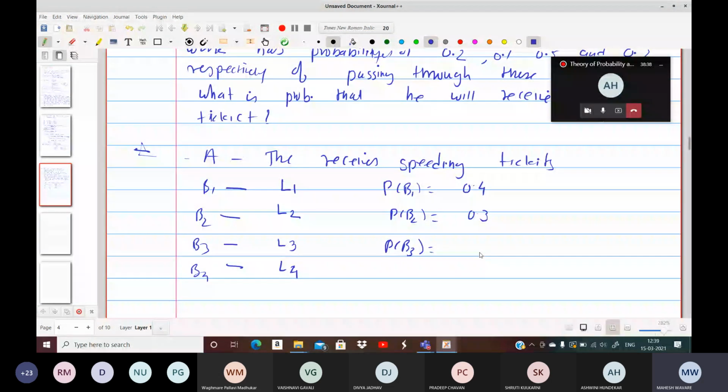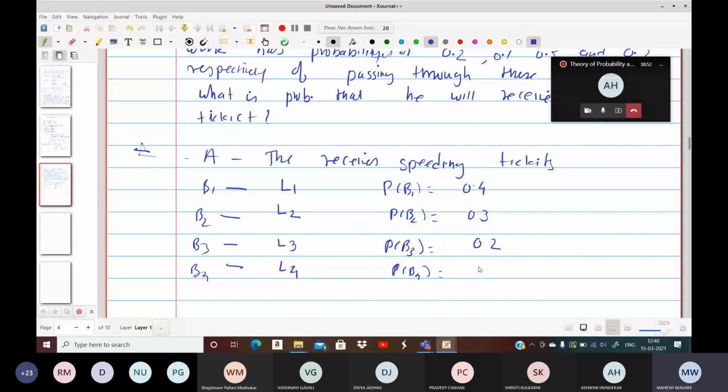Just divide by 100. The probability of B4 is 30%, which means 0.3. Out of 1, this much is the contribution.